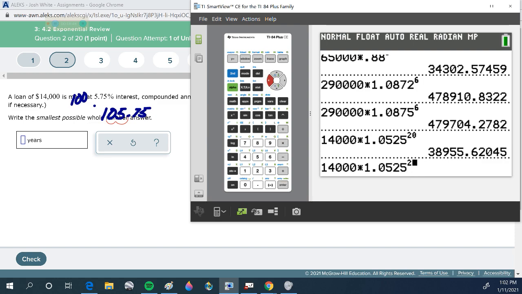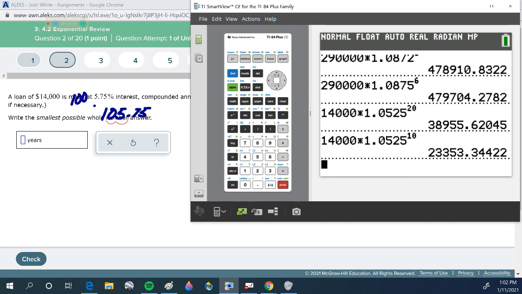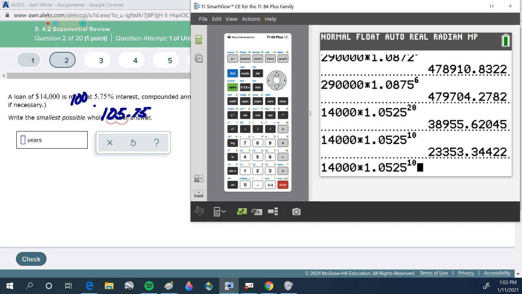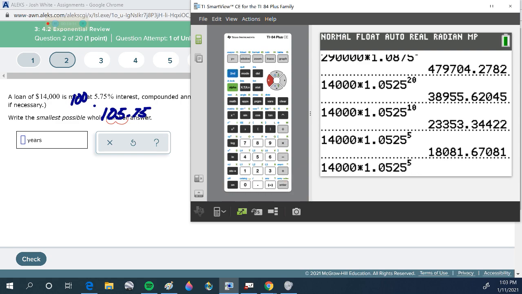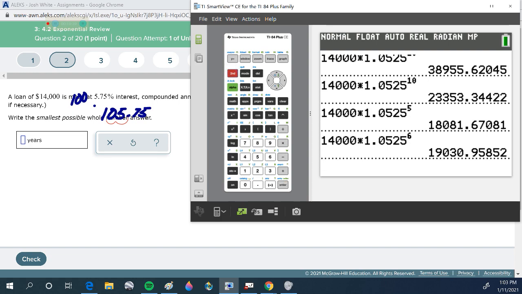So let's try 10. 10 was a little bit too many. So now let's try 5. 5 was not enough. And the correct answer is the smallest number that is bigger than 23,000. Let's try 6. 6 is not enough.